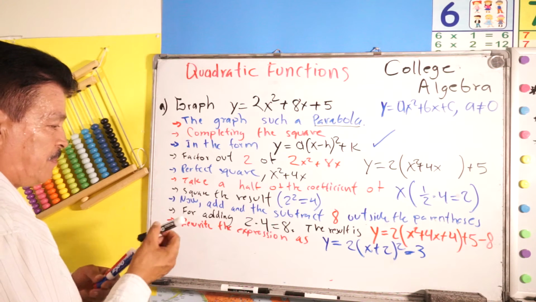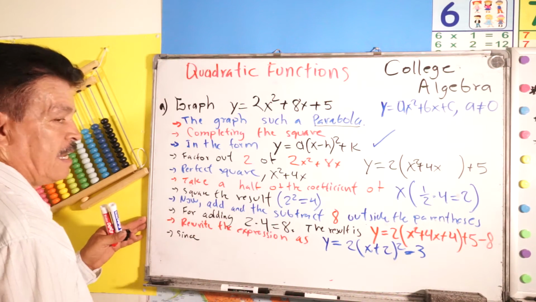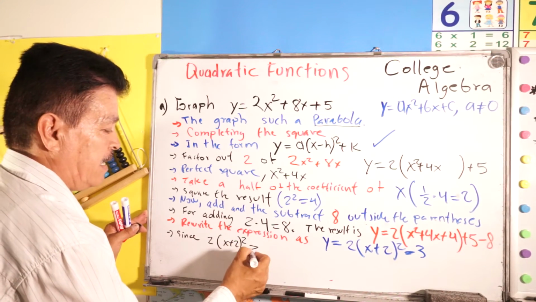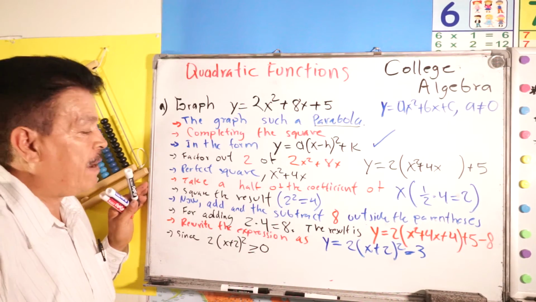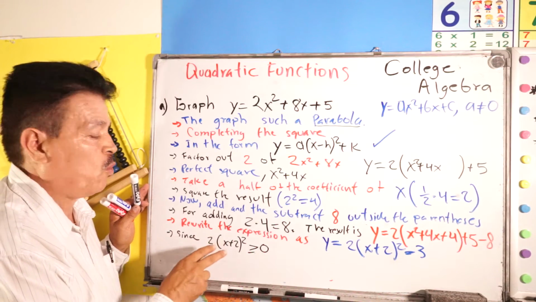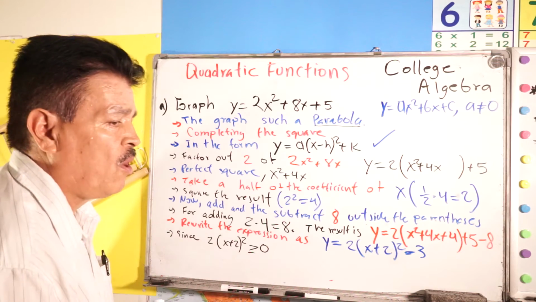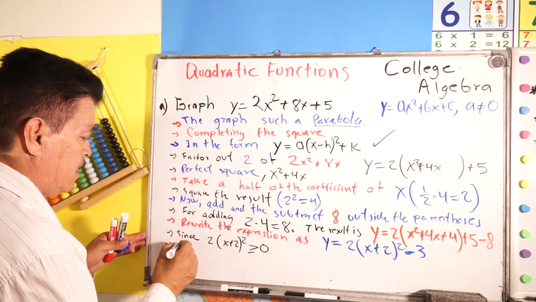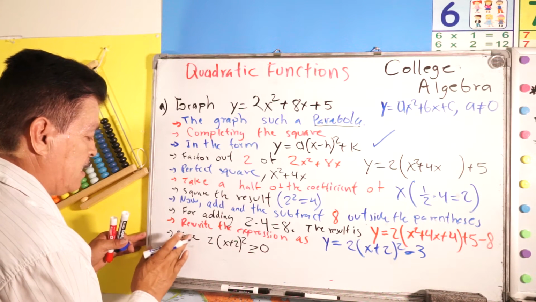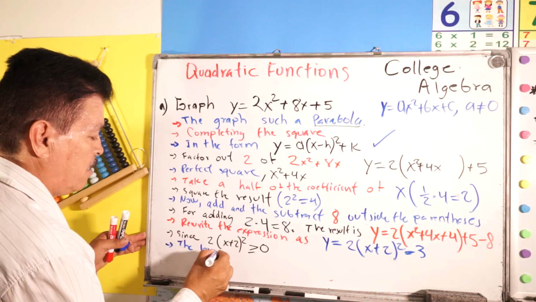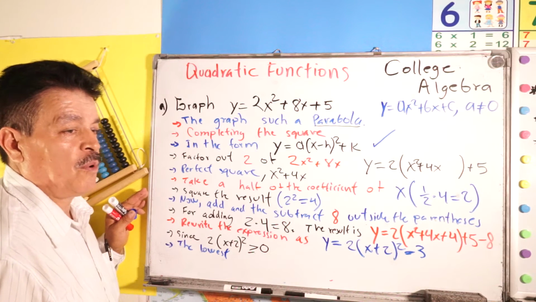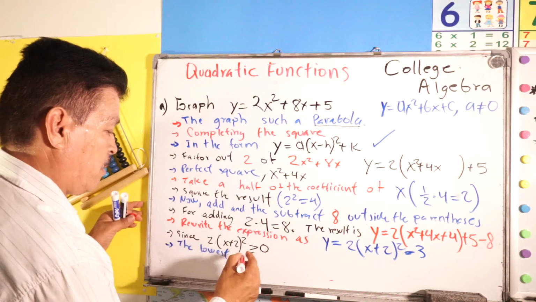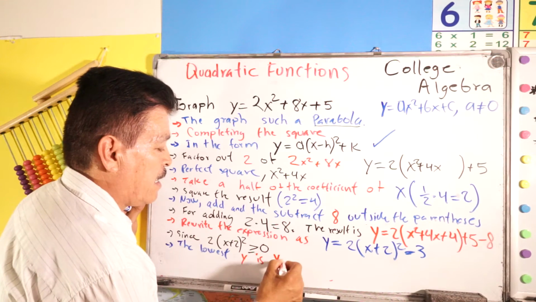Another point: since 2 times (x plus 2) squared is greater than or equal to 0 for all real values of x, we see that the lowest possible value of y is y equals -3.